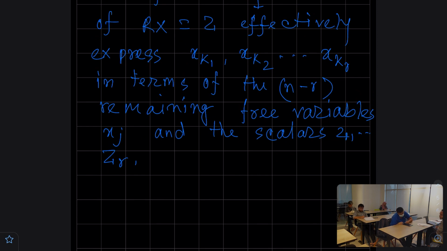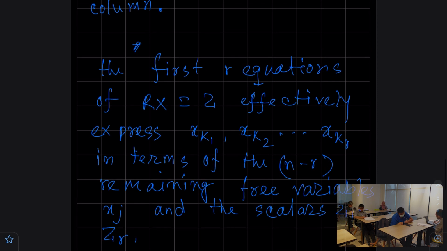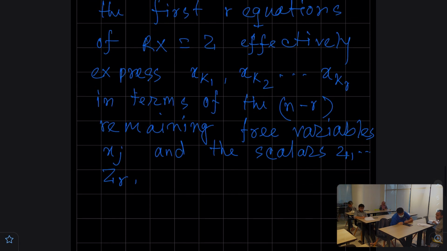Is that clear why there is also z1 dot dot zr? Because the system is Rx equal to z. So for each non-zero equation there is a leading variable xj. There is also a constant, the element of the field on the right hand side, right?